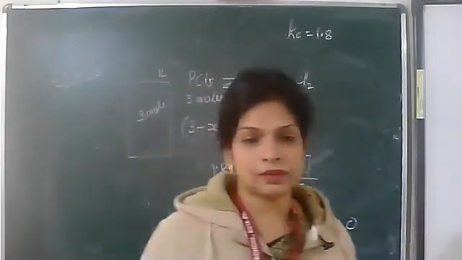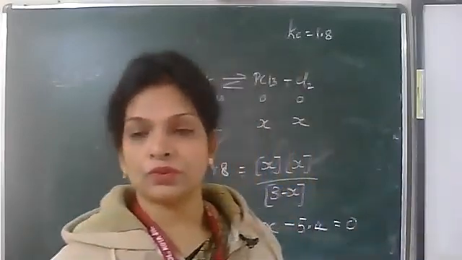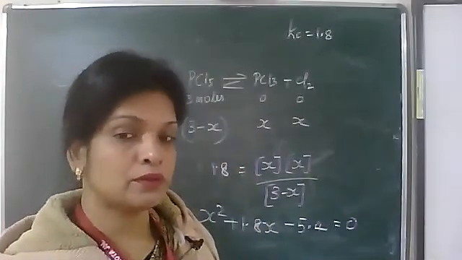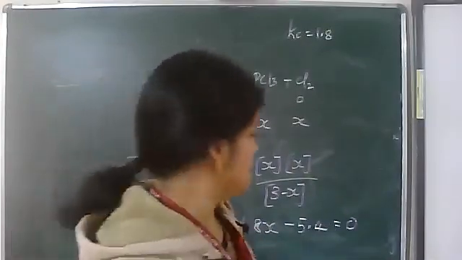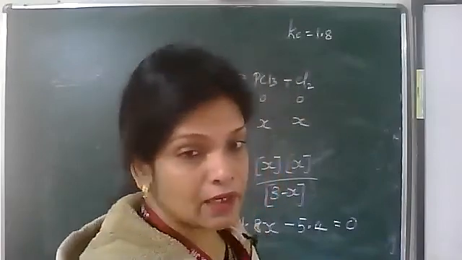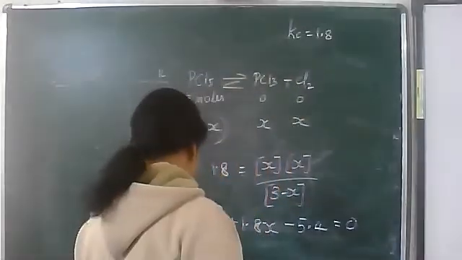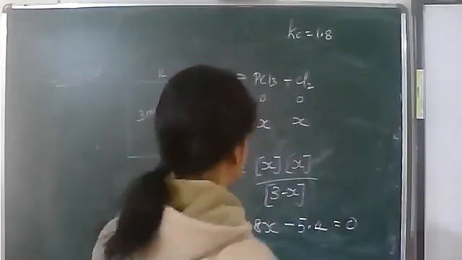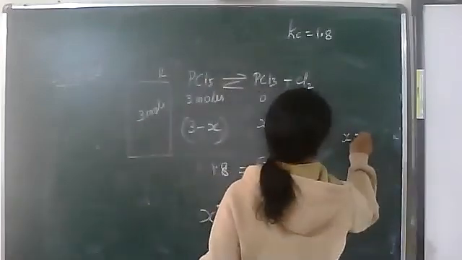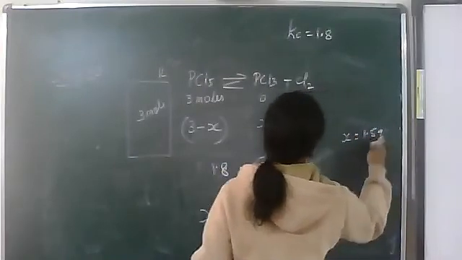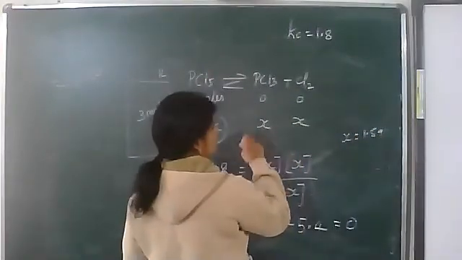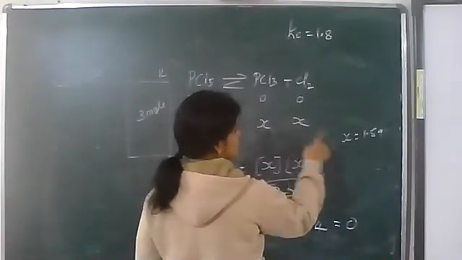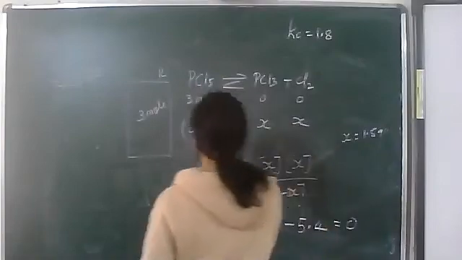You have to solve using minus b plus or minus square root of b square minus 4ac upon 2a. Solving is difficult, so I am giving you the x value, that is 1.59. That means the composition in the equilibrium mixture of PCl3 is 1.59, and Cl2 is 1.59.